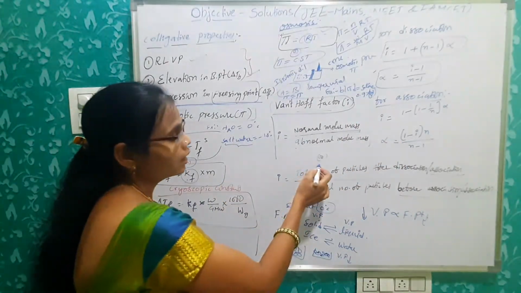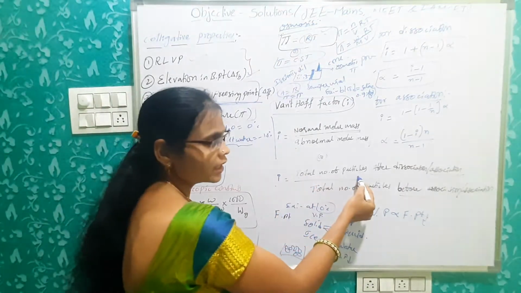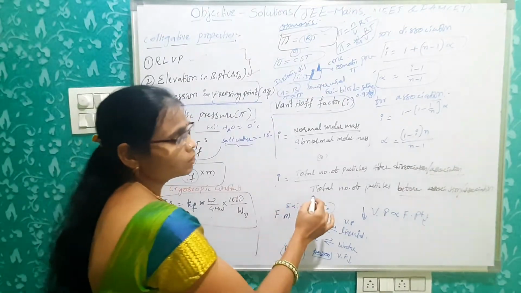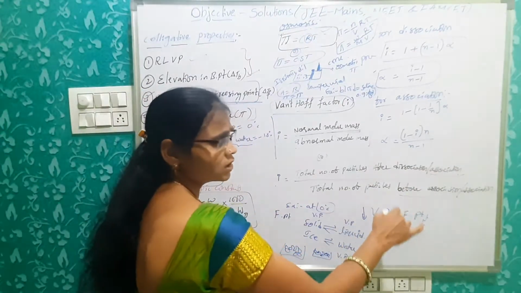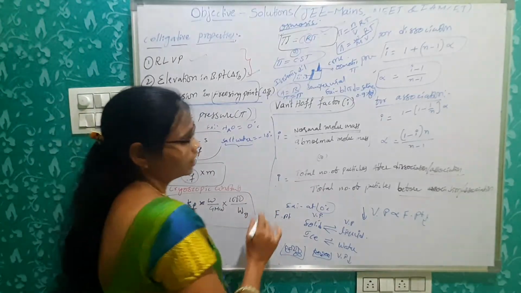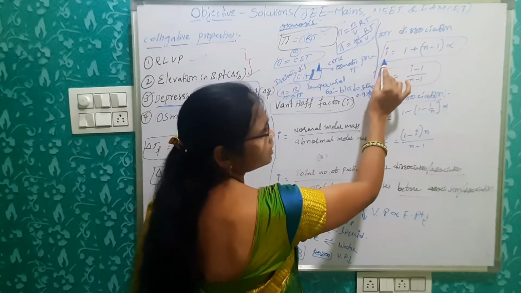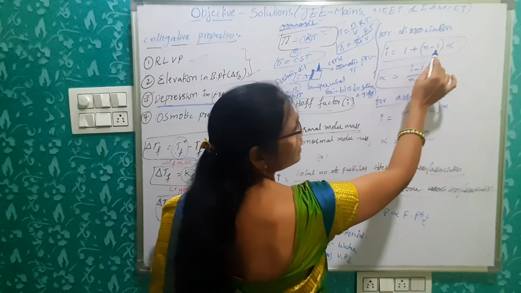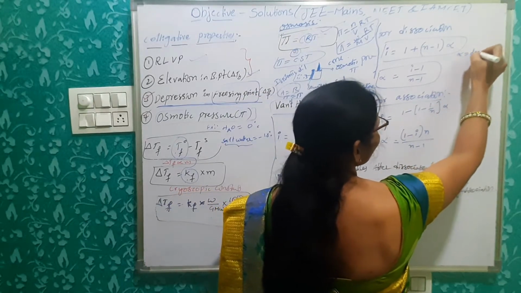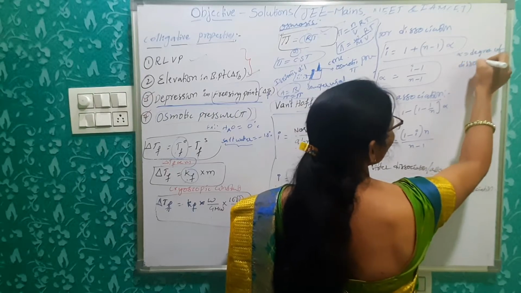The i factor is also calculated as total number of particles after dissociation or association by total number of particles before. By deriving the equation, for dissociation i equals 1 plus (n minus 1) into alpha, where alpha is the degree of dissociation.